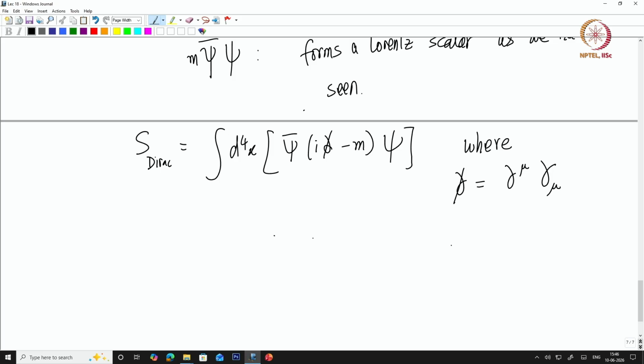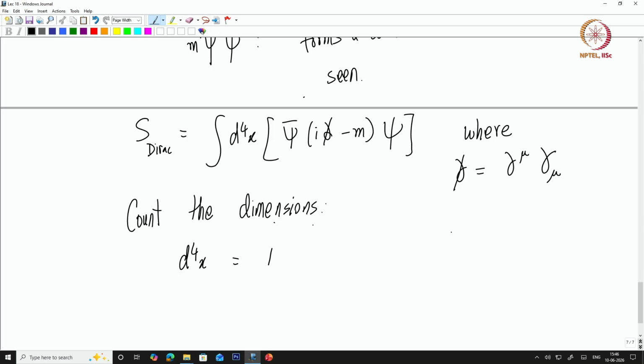Now, let us count the dimensions. So, the action should be dimensionless. So, d power 4x has in these units mass dimensions m power minus 4, okay, mass dimensions power minus 4 essentially.